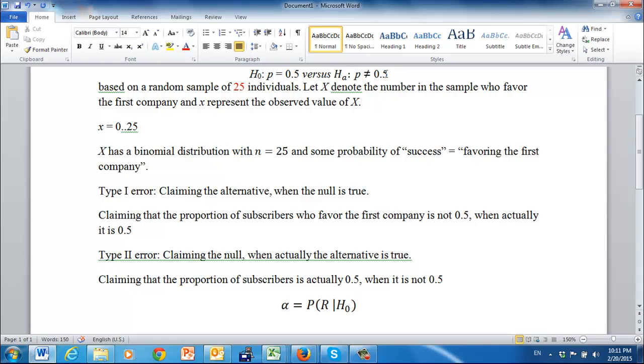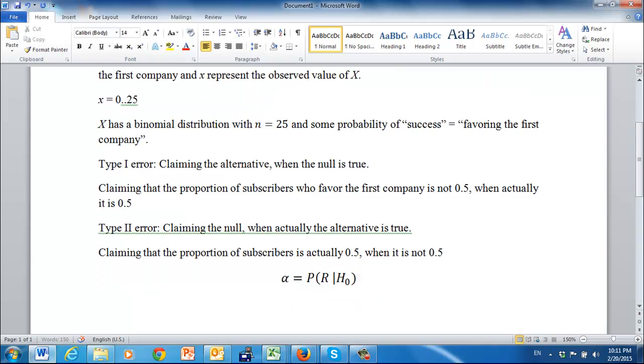But since we have a two-tailed test, the rejection region has to include two parts. Either X, which is the number in the sample who favor the first company, less than something, or X more than something. So let's imagine that somebody told you what the rejection region is, but it should have two sides.